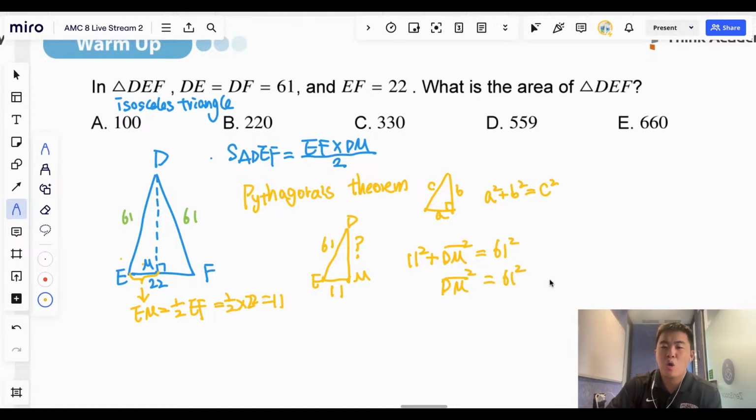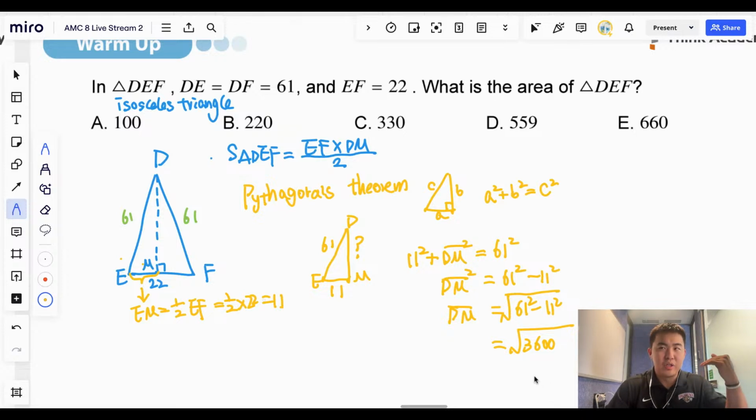We'll have 61 squared minus 11 squared, and DM will just be the square root of their difference. That will be the square root of 3,600. What is a number that when you square it gives you 3,600? That will be 60. So DM, we know its length is 60.